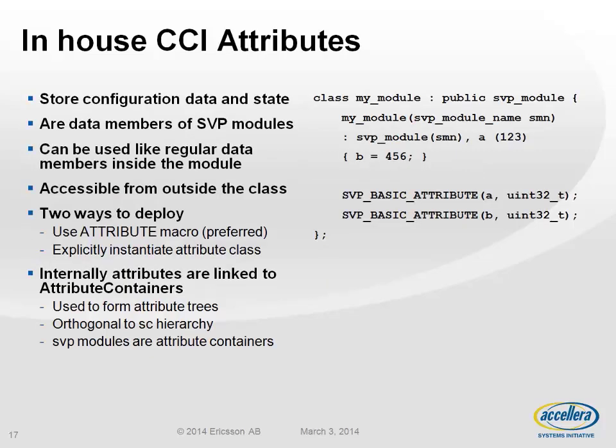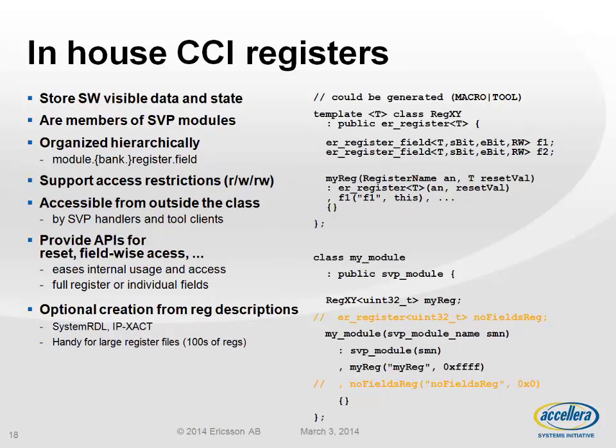For example, it supports defining attributes that we use extensively in the virtual platform for configuration, setting log levels and that kind of stuff. We can also access any attribute from the software debugger, so it provides visibility to the software side. We also have our own version of a register model that is called ER register, ER for Ericsson.